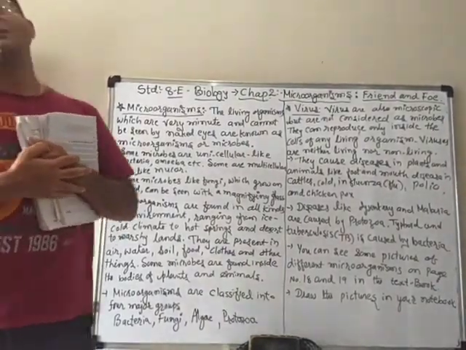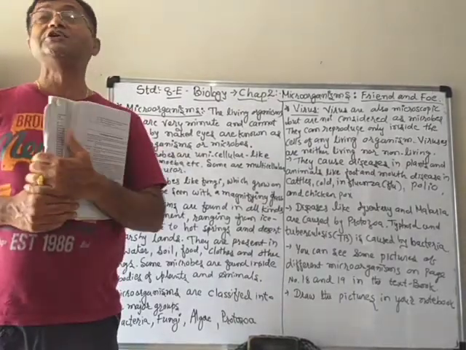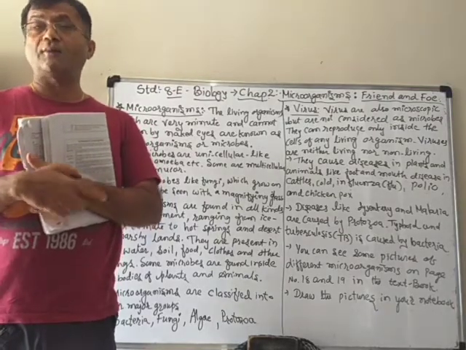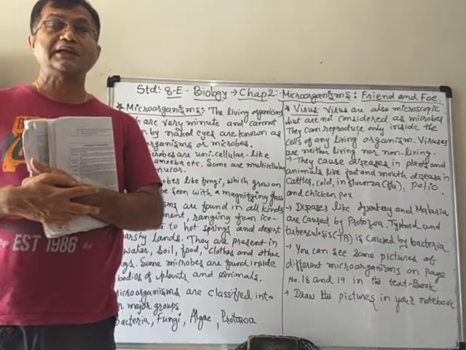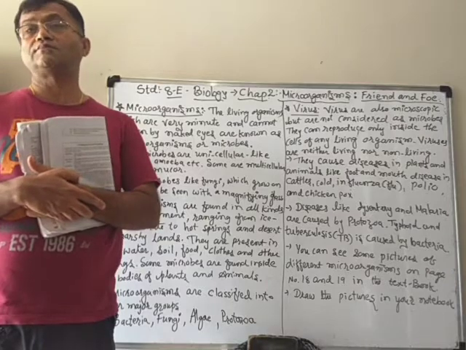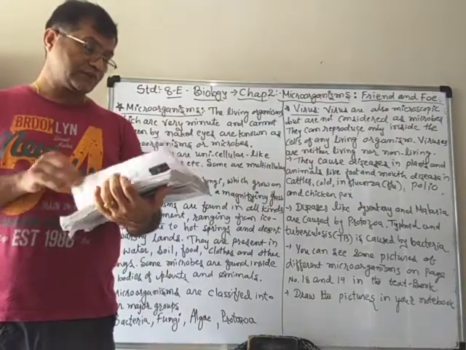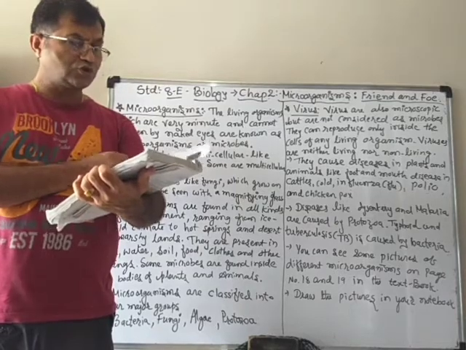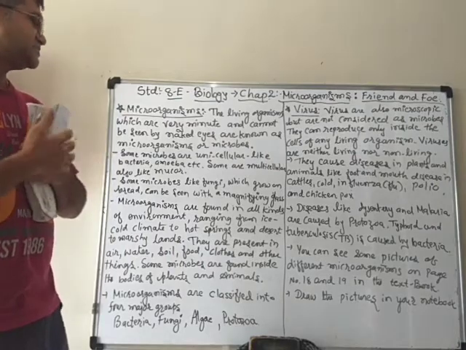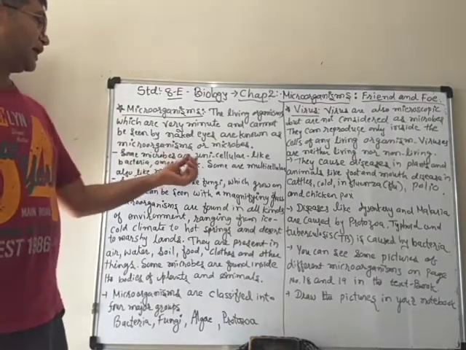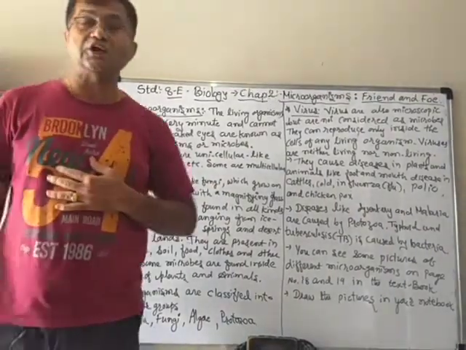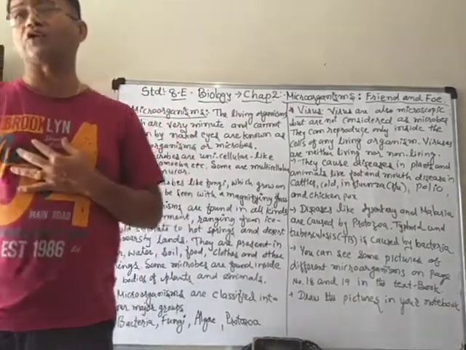Now some of the microorganisms are unicellular. Unicellular means their body is made up of only a single cell, like bacteria, amoeba, paramecium, chlamydomonas, etc. And some are multicellular, like mucor, which is also one type of microorganism.